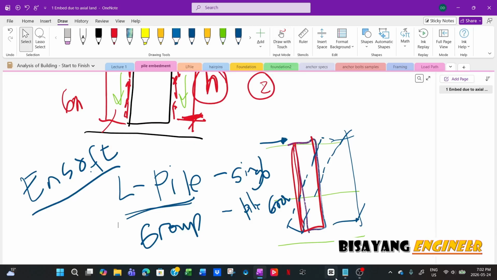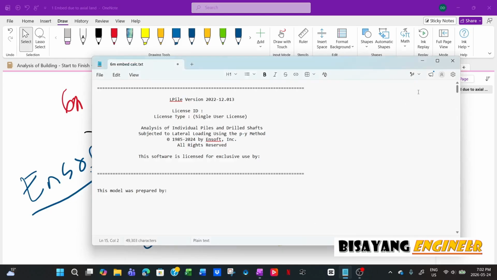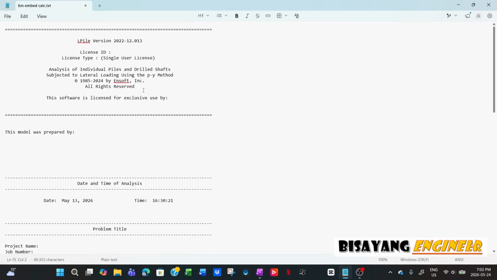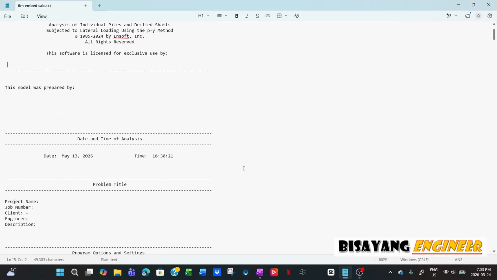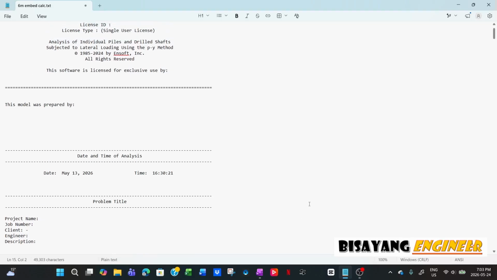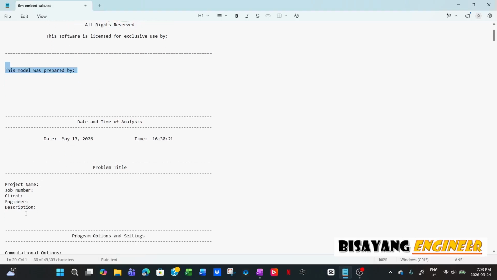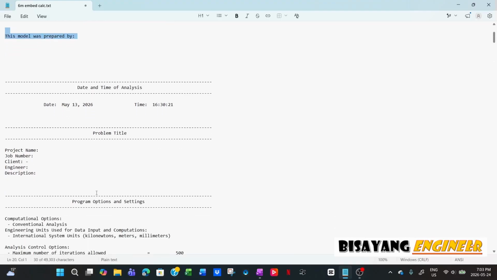I have a sample calculation here. I just edited all the information, so you won't see my name and company information, because everything will be shown here. Everything will be shown here with this model we prepared by, and then you have the information, description, engineer.